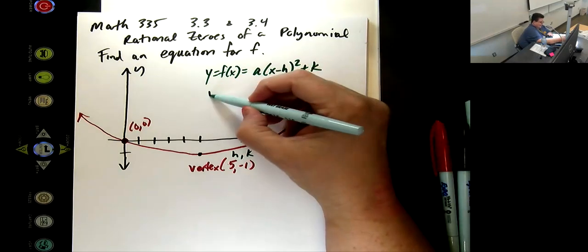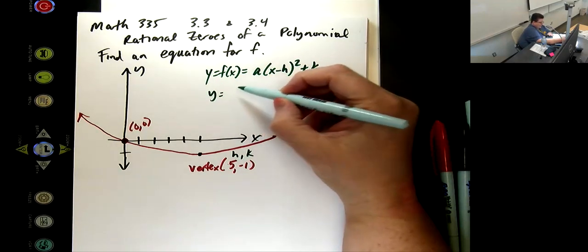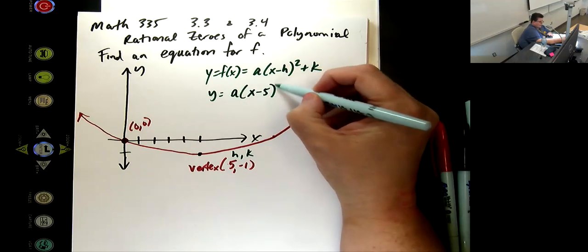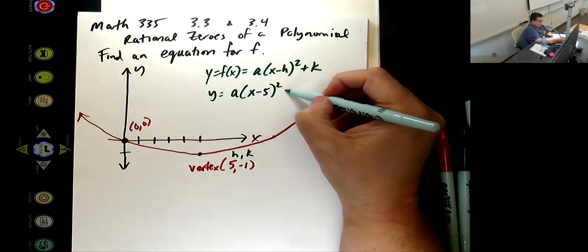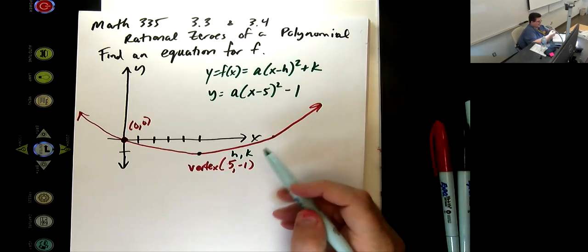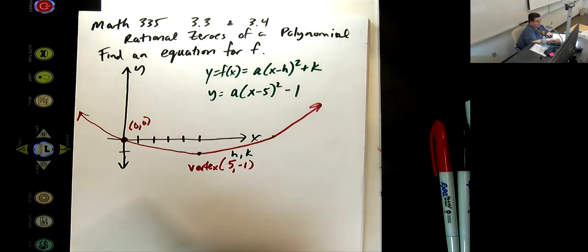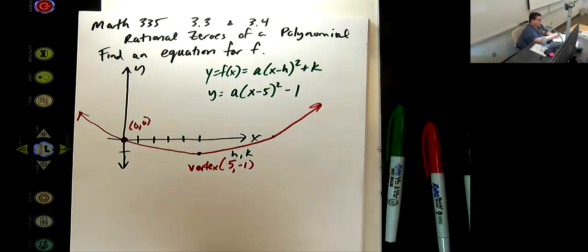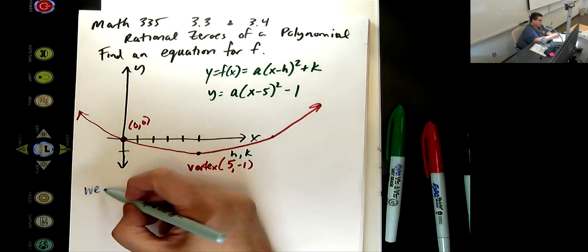So we currently have y equals a times x minus 5 squared plus k, which would be -1. We don't have a though. We do have another point that we can use. We can find a using our second point.